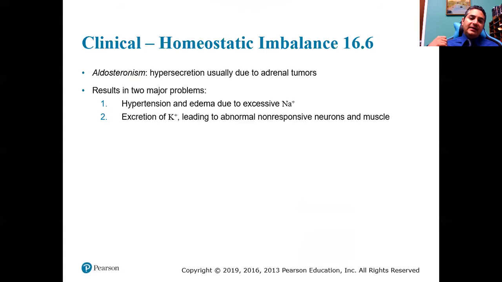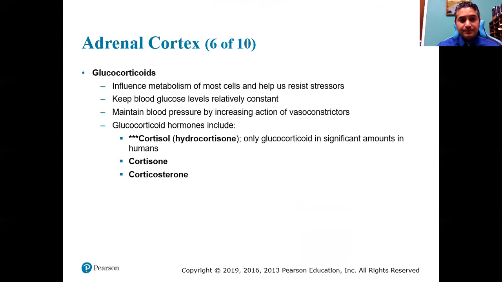So you're getting excess salts. The excess salt increases hypertension, and also you have swelling known as edema. An excretion of potassium leads to abnormal responsiveness of neurons and muscles.